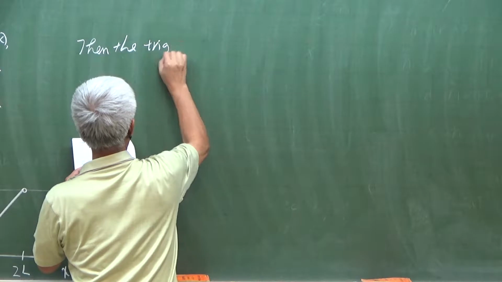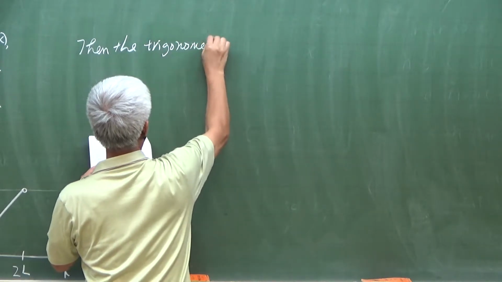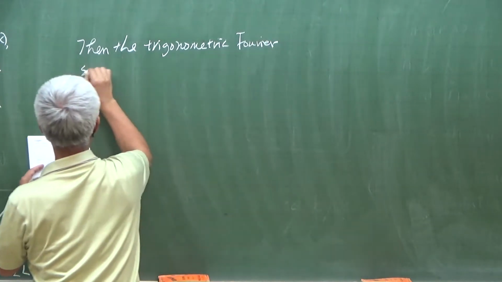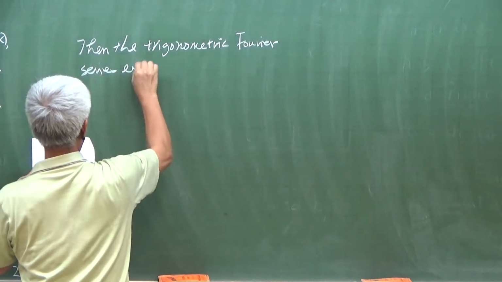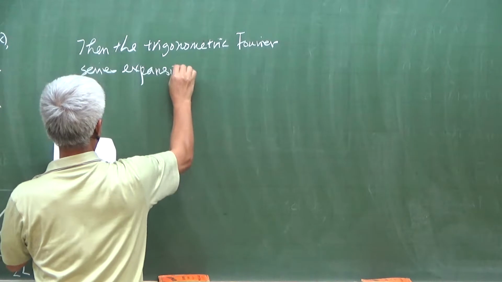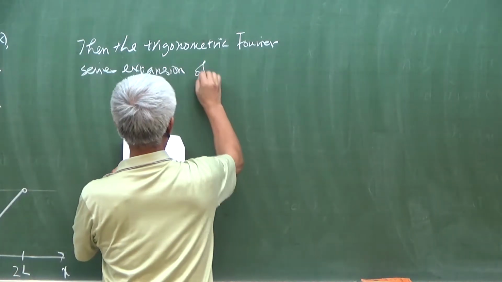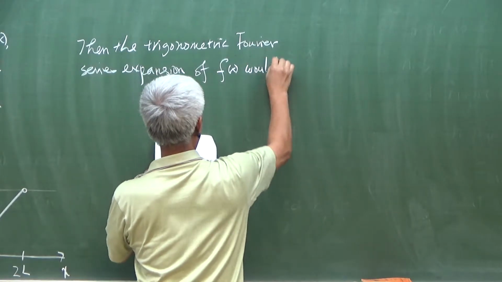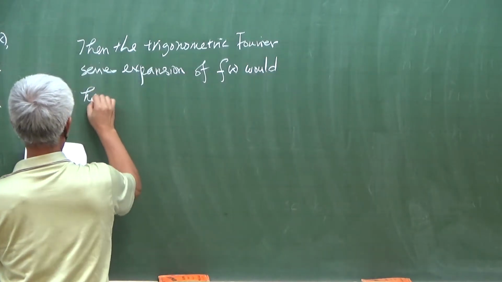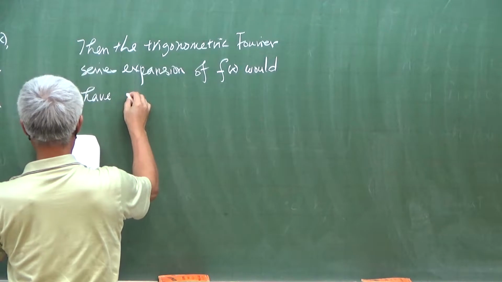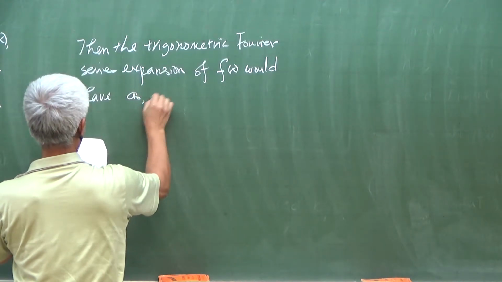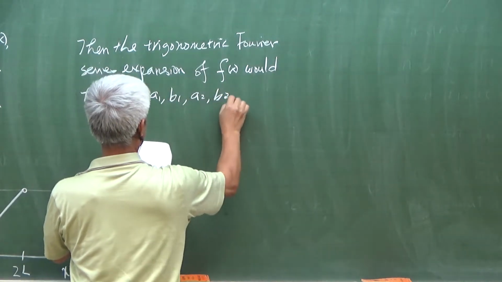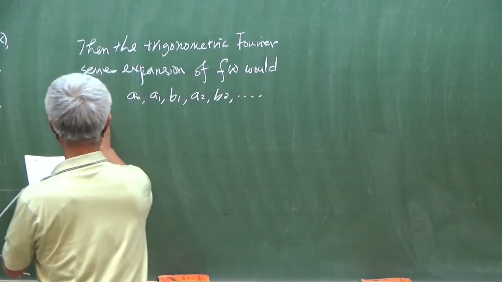And the trigonometric Fourier series expansion of f of x would have a0, a1, b1, a2, b2, etc. as coefficients.